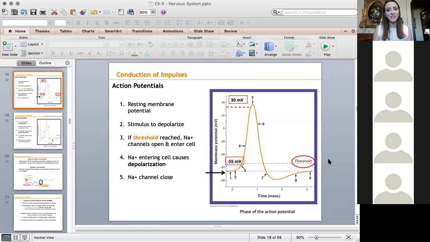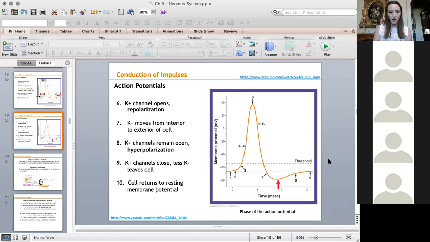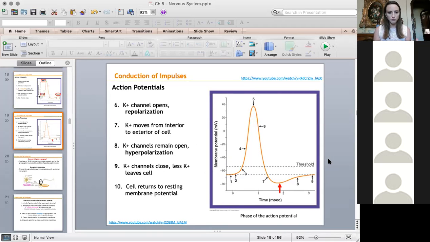Sodium channels open, they enter the cell because sodium's on the outside, and then potassium will move to the outside because we know it's on the inside, so it's going to leave the cell. As we follow those numbers, you can follow what's going on. Before we return to resting membrane potential, we're going to hyperpolarize, which we see with that red arrow at the bottom. So that's basically one action potential, which I went through very quickly.